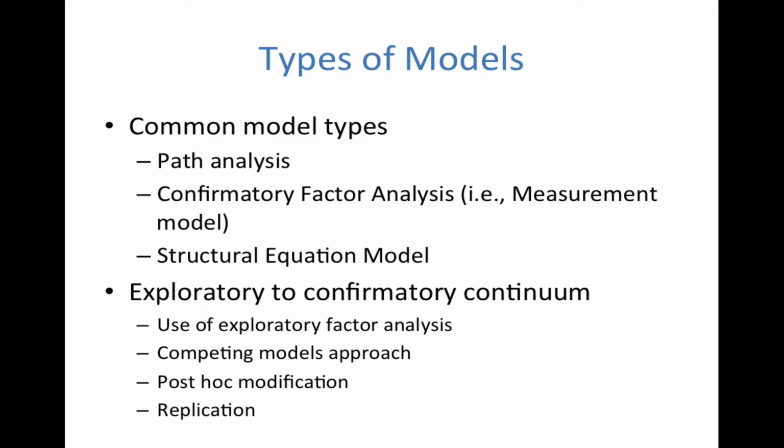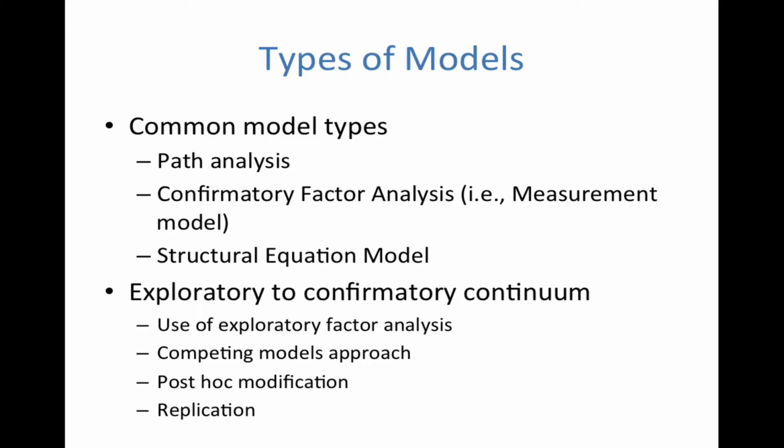Confirmatory factor analysis is what we're going to do today. So this generally means that you've got latent variables explaining items, but you're not looking at the relationships between the latent variables. So you're not saying this latent variable is causing this other latent variable. Once you start having latent variables as outcomes, so maybe you had personality as latent variables and you had job performance with latent variables, and you start predicting latent job performance from latent personality, then you've got structural equation modeling.